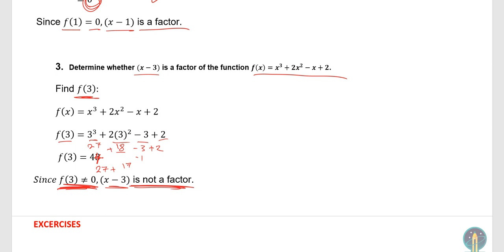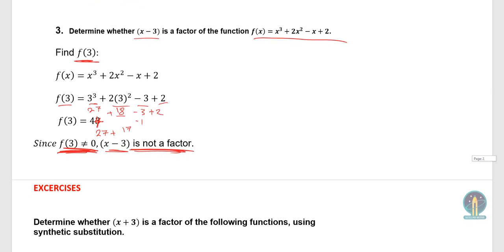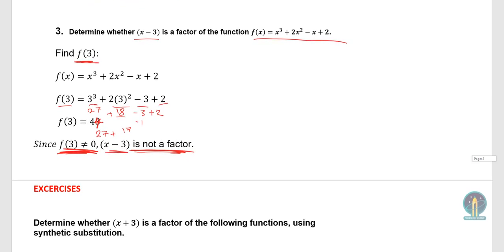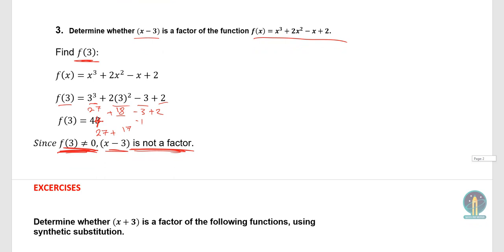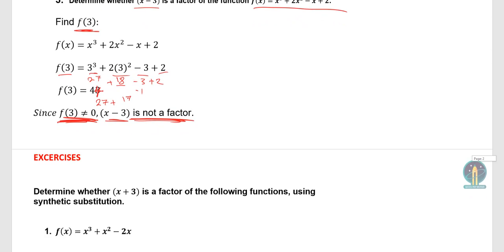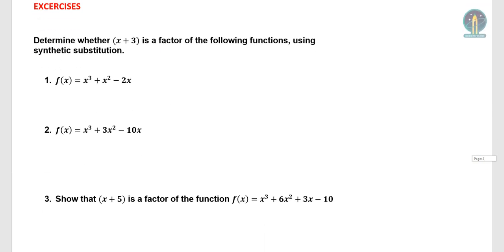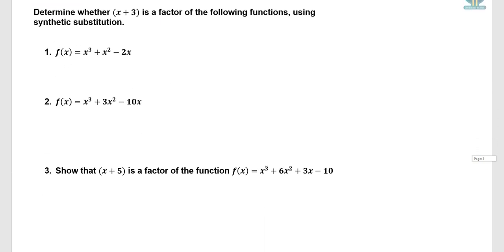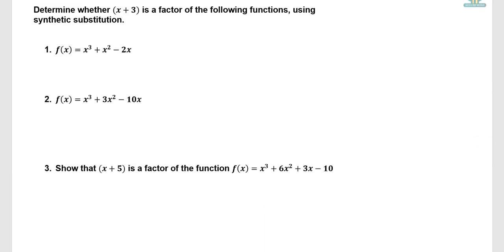Okay, so we have some exercises here. Please pause the video, work on these, and come back for the solutions. Determine whether x plus 3 is a factor of the following functions using synthetic substitution. So again, synthetic division and synthetic substitution are all about practice.